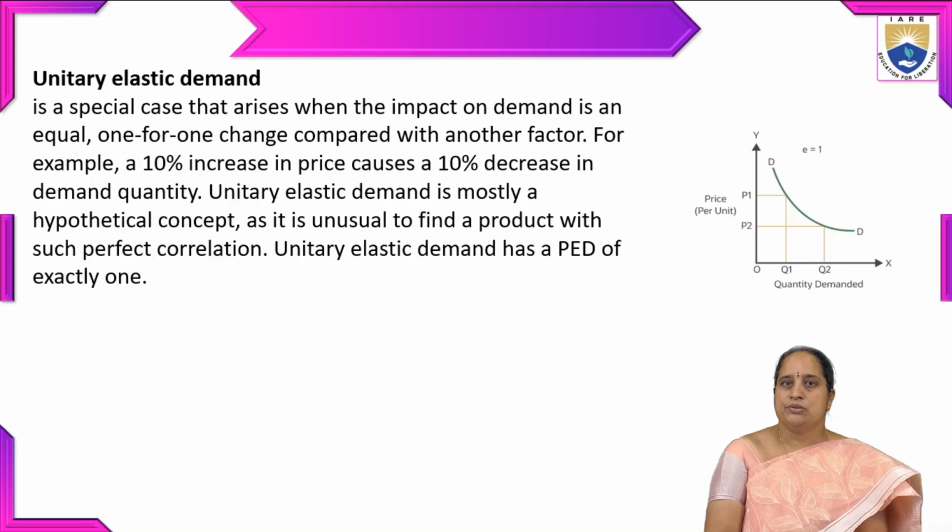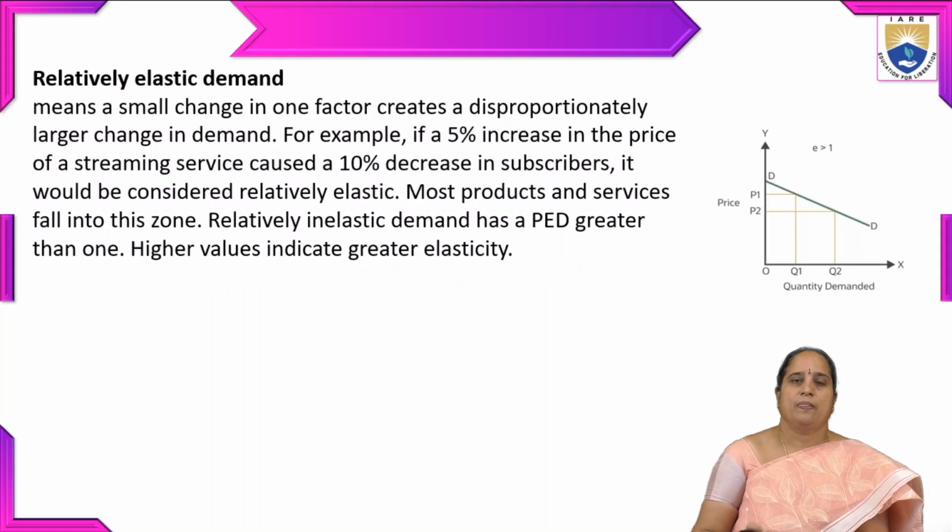The proportionate ratio is the same. There is no change, so it is said to be unitary elastic demand. This demand is mostly a hypothetical concept as it is unusual to find a product with such perfect correlation. So unitary elastic demand has a PED of exactly 1.